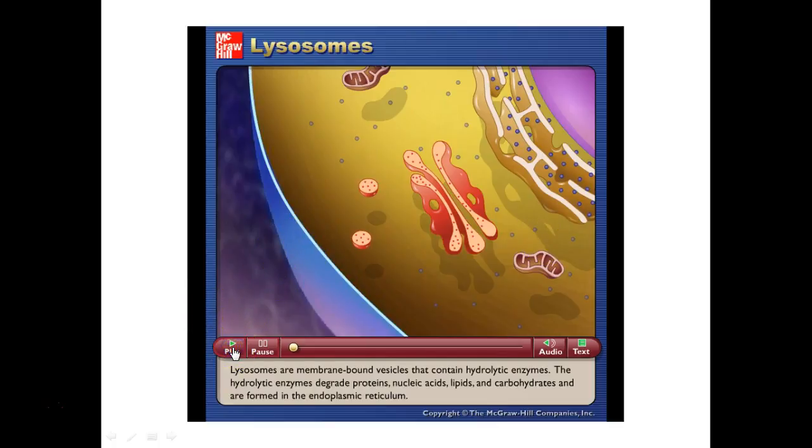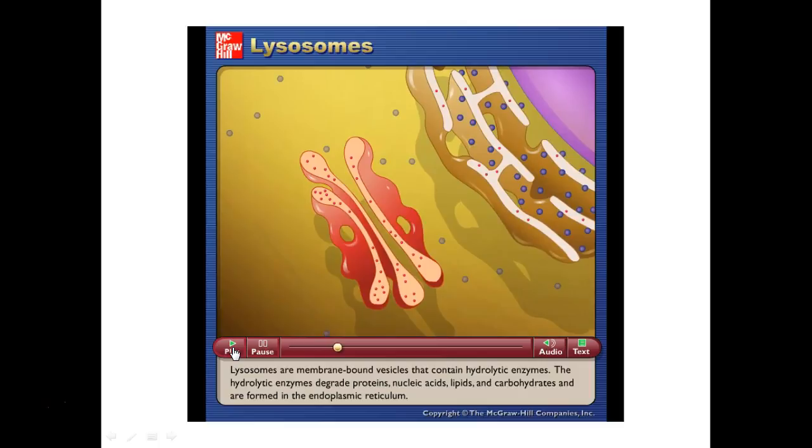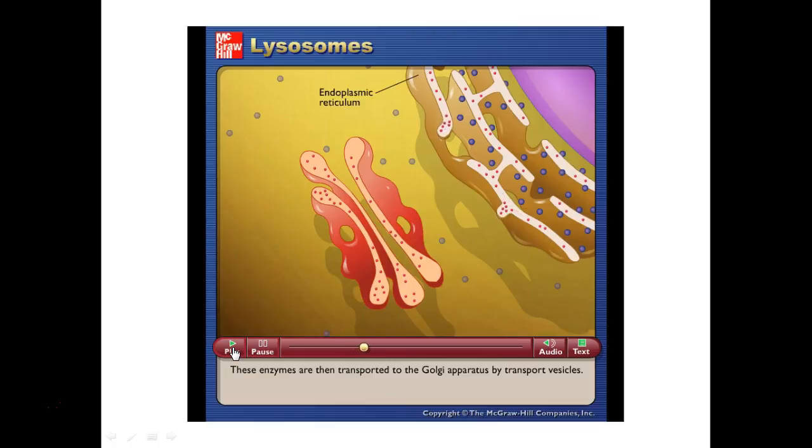Let's see. Lysosomes are membrane-bound vesicles that contain hydrolytic enzymes. The hydrolytic enzymes degrade proteins, nucleic acids, lipids, and carbohydrates, and are formed in the endoplasmic reticulum. These enzymes are then transported to the Golgi apparatus by transport vesicles. The lysosomes arise from the Golgi apparatus.